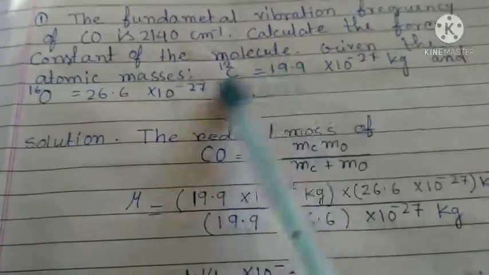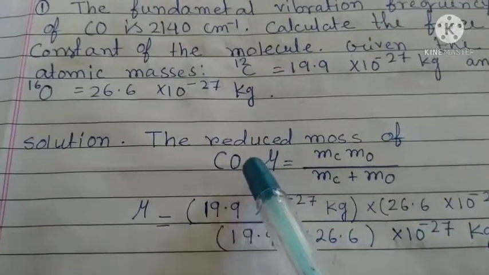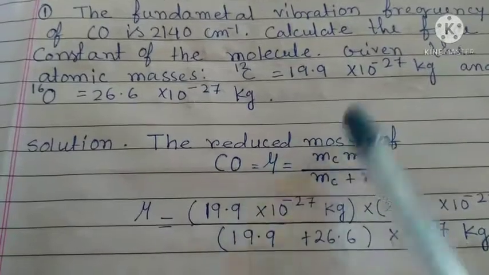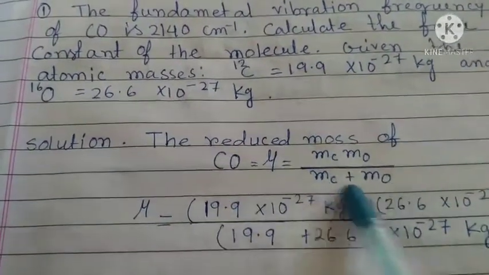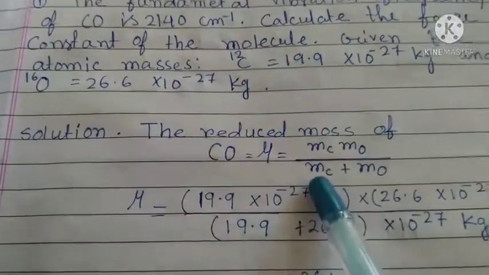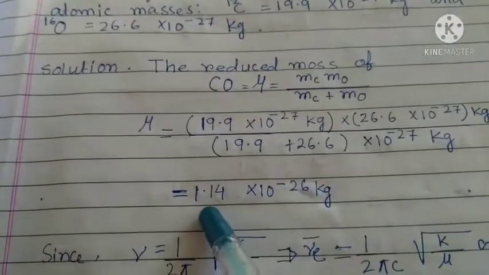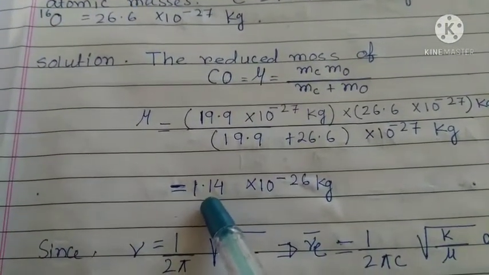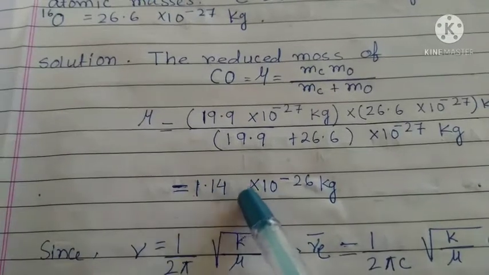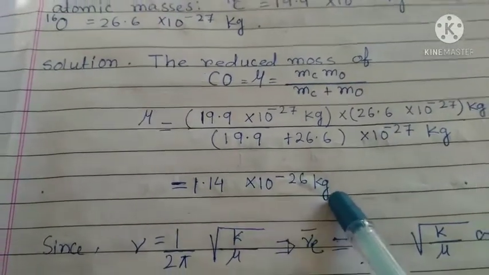So from this we can calculate the reduced mass, that is the product of the two masses divided by the sum of the two masses, and this comes out as 1.14 × 10^-26 kg.